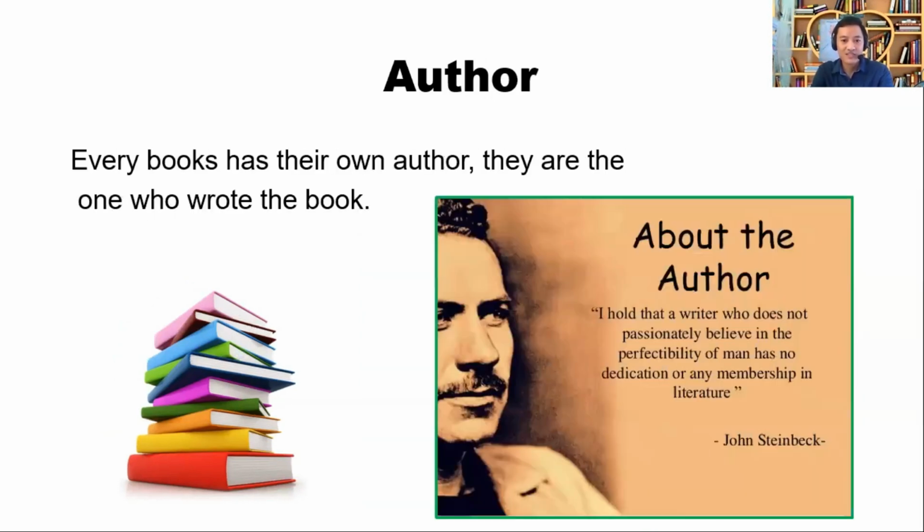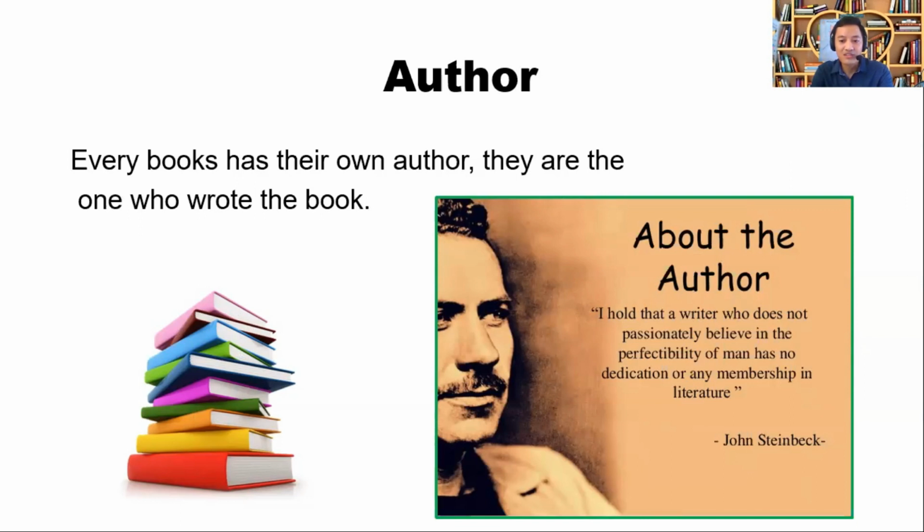Okay, next we have the author. In every book there has to be an author. They are the one who wrote the book for a specific reason. For example, I have here the picture that I have shown to you about the author.